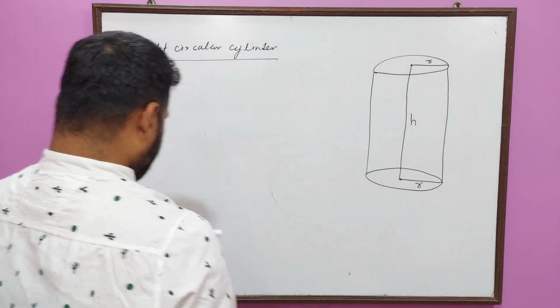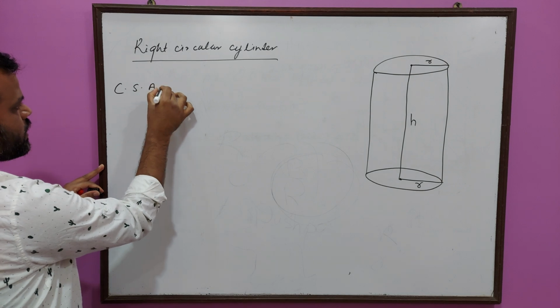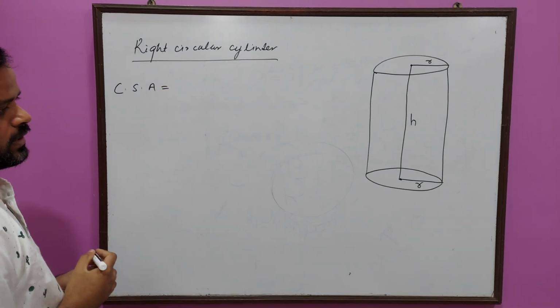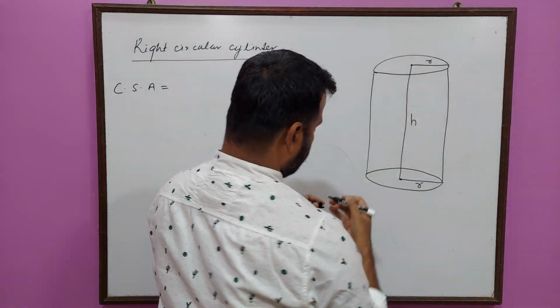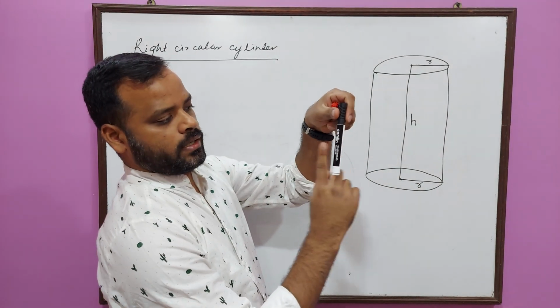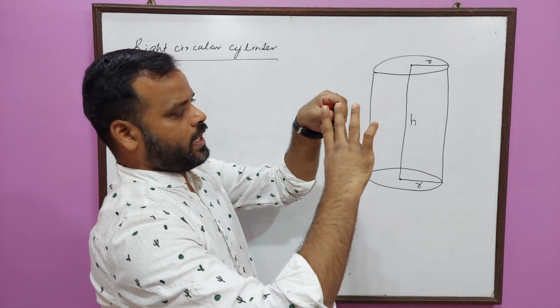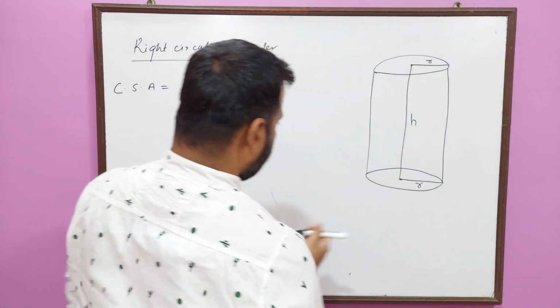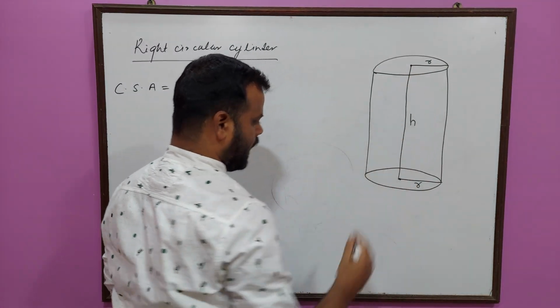So we'll go through the curved surface area of a right circular cylinder. The curved surface area is the round part. This part is the curved surface area. So how do we calculate this area? We calculate it by the circumference of the base into height.